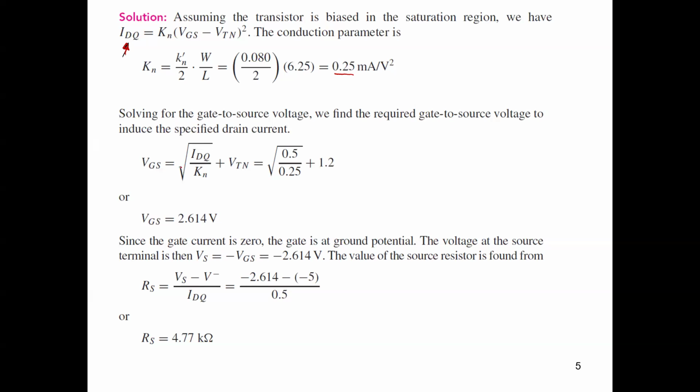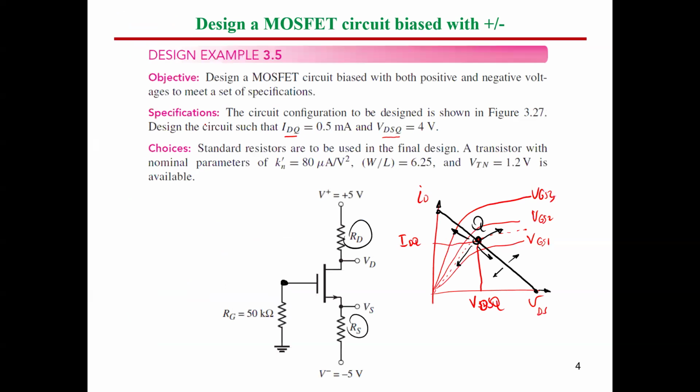From here, we can get VGS as a function of ID. VGS equals the square root of IDQ divided by Kn, plus VTN. ID is given, 0.5 milliampere.